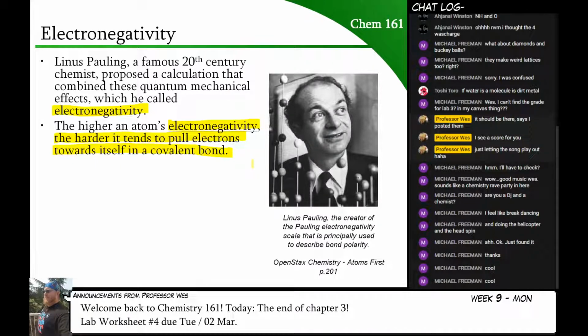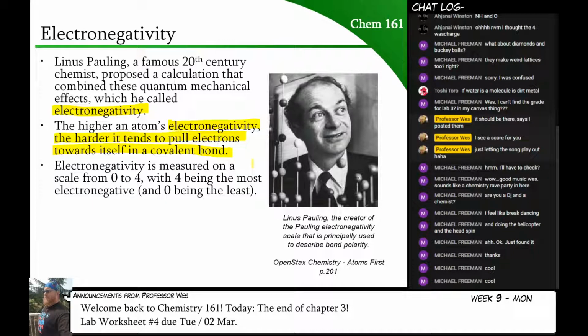Because that's going to dictate what type of bond we have. If the electronegativity difference is tiny, the electrons end up shared because nobody wins. They just stay in the middle. If the difference is big, the electrons get pulled towards the atom with the higher electronegativity. And if it's big enough, that atom just keeps the electrons, and you get an ionic bond.